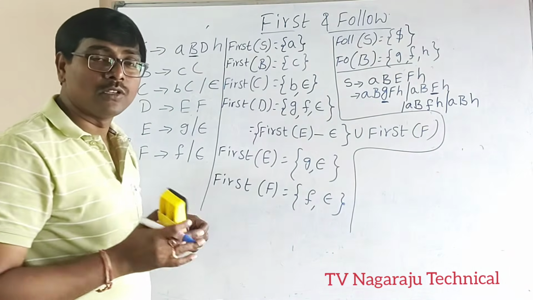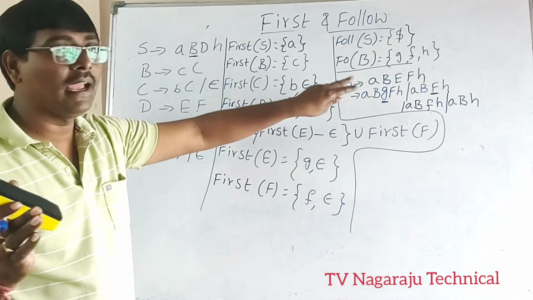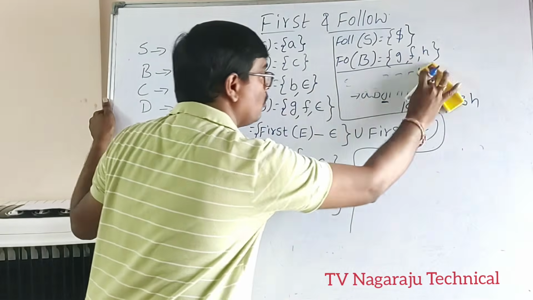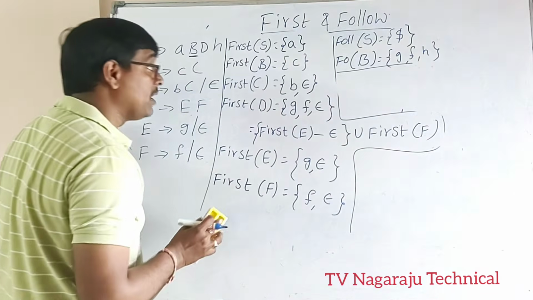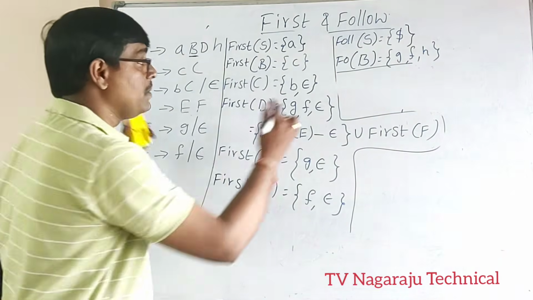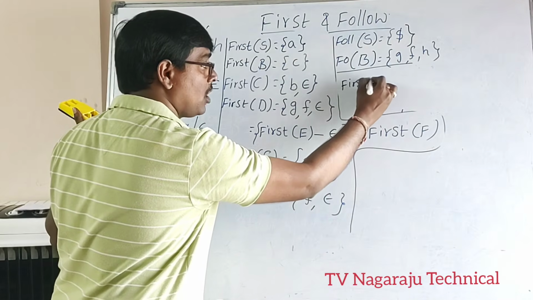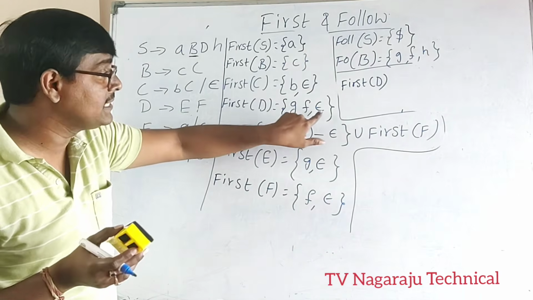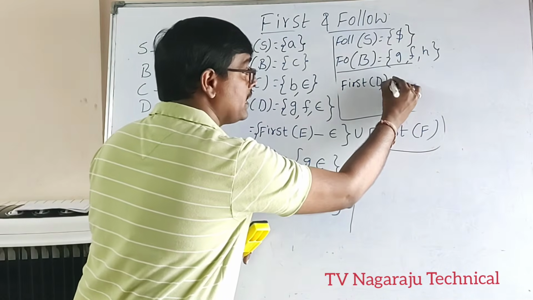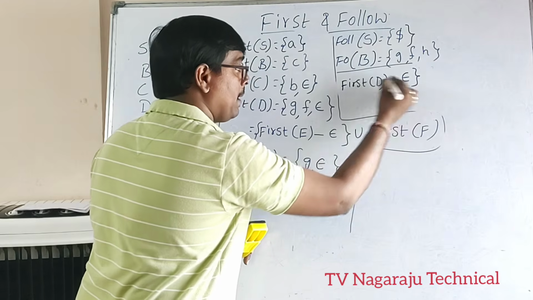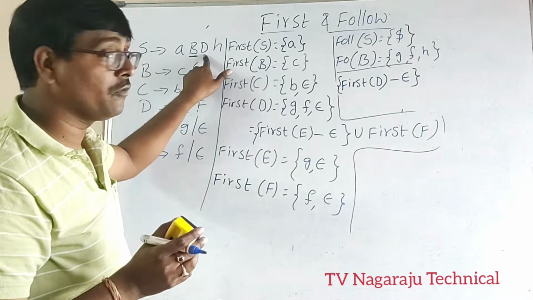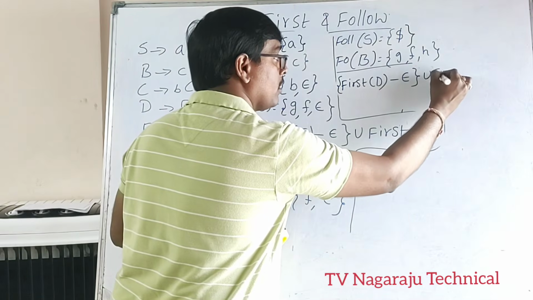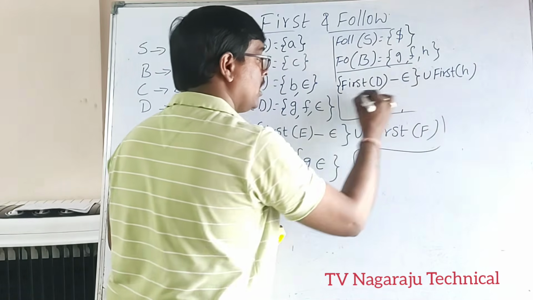Now you got it? So no need to remember everything. Directly I am getting the answer. Replace with all possible productions. Otherwise, if you want to write it in the form of an equation, what is the first of B? Simply first of D followed by this one. First of D: if it contains epsilon, take first of D minus epsilon, union first of H. Now what is the answer?